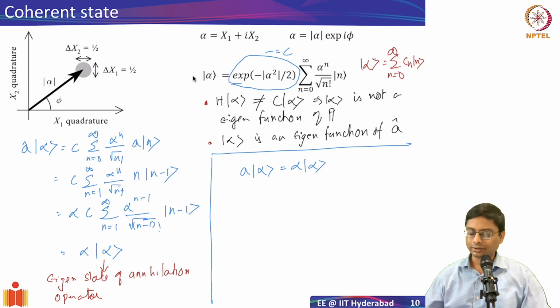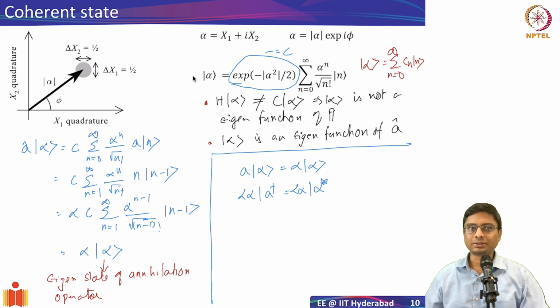If I take a conjugate, I can write it as alpha bra times A dagger is going to be equal to alpha bra times alpha star. Alpha is a complex number. If I don't put the operator sign, it is a complex number. It's not a ket. Sorry, this is a ket and this is a bra, right?